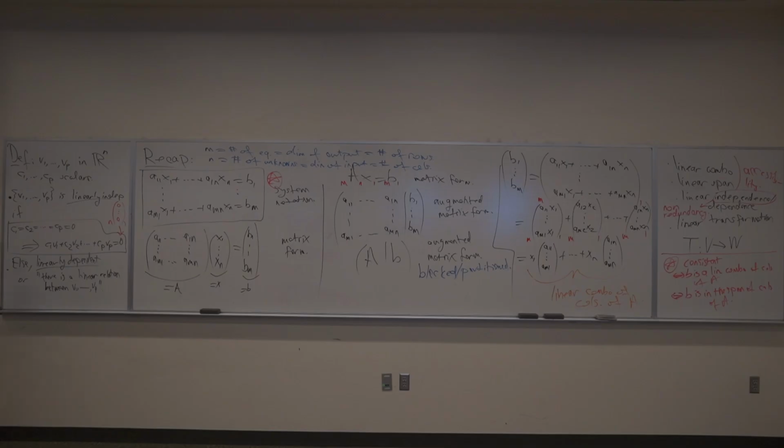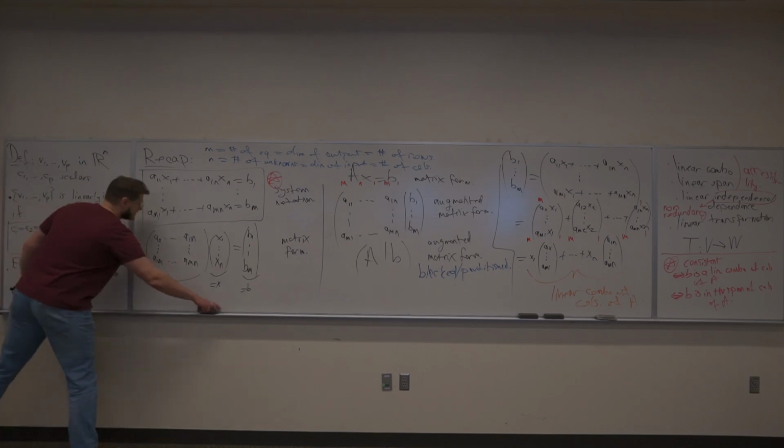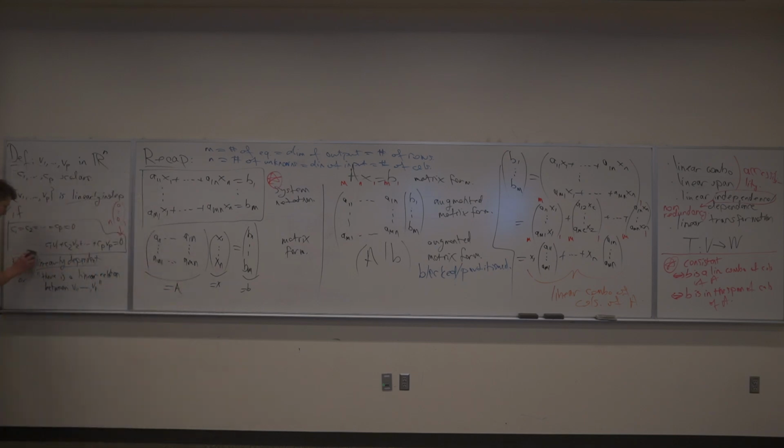The problem, of course, is that this actually doesn't say anything. I'm saying if all the constants are 0, well, on the left-hand side, I'm going to have a 0 no matter what the vi's are. This is like a dumb statement. Doesn't say anything. Okay? This is where things get complicated. I wrote it wrong. It's the other way around. It's this way.